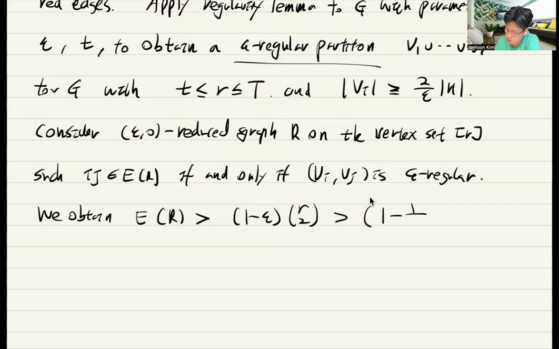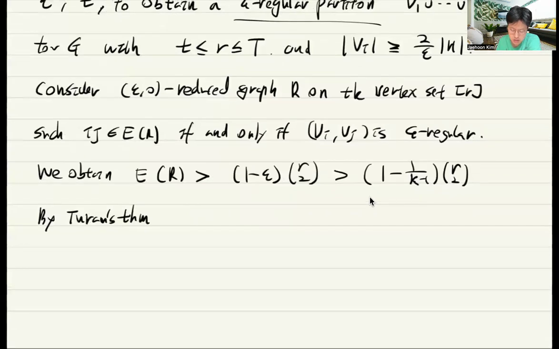And from our choice of epsilon, this is bigger than (1 minus 1 over k minus 1) times R choose 2. And by Turán's theorem, we know the Turán number of K_k, and that's this one. So this shows that R contains a copy of K_k.